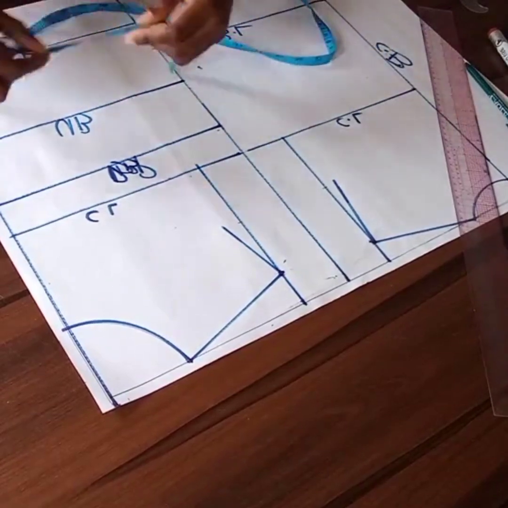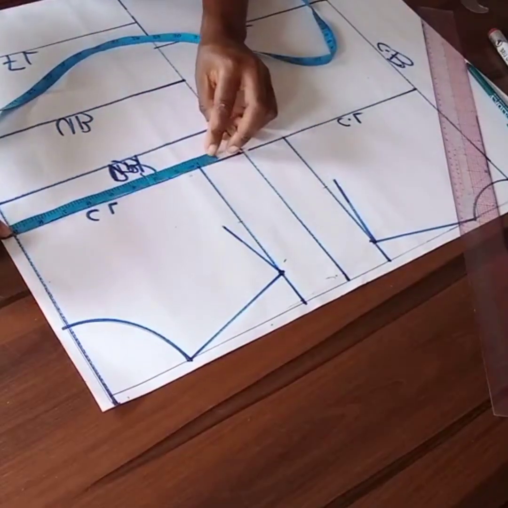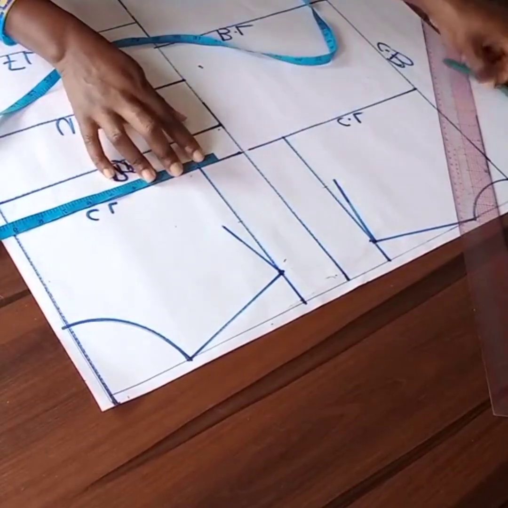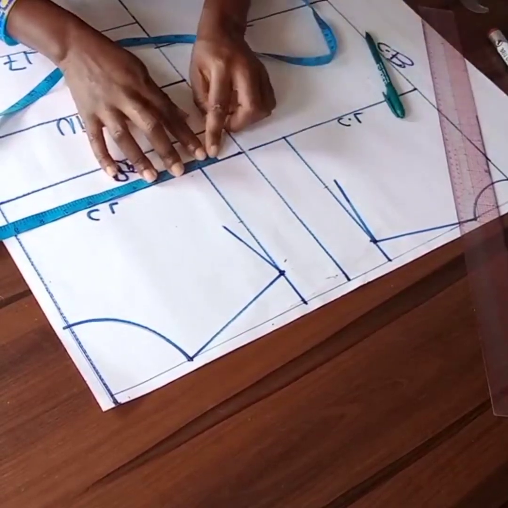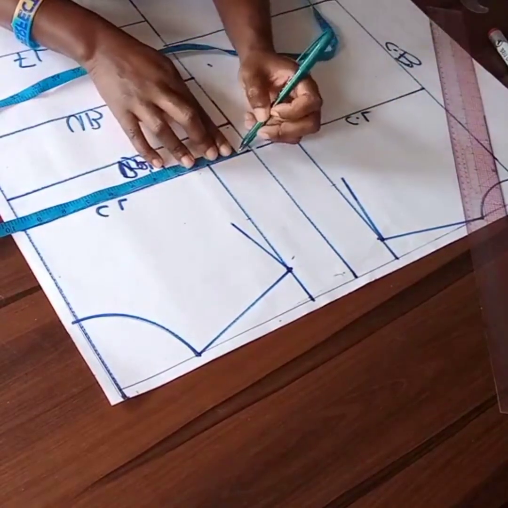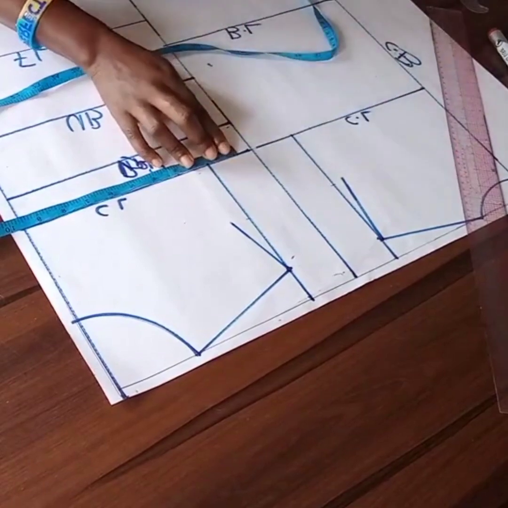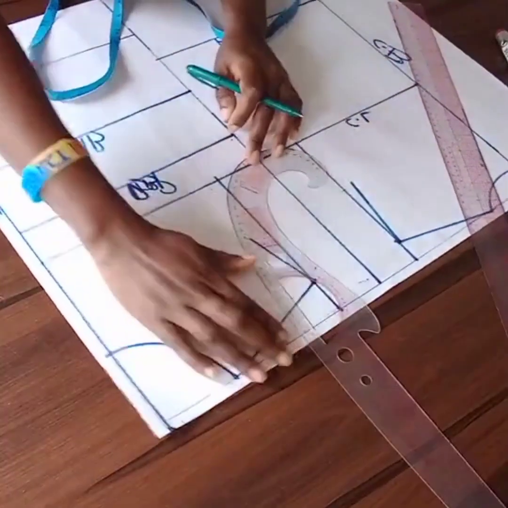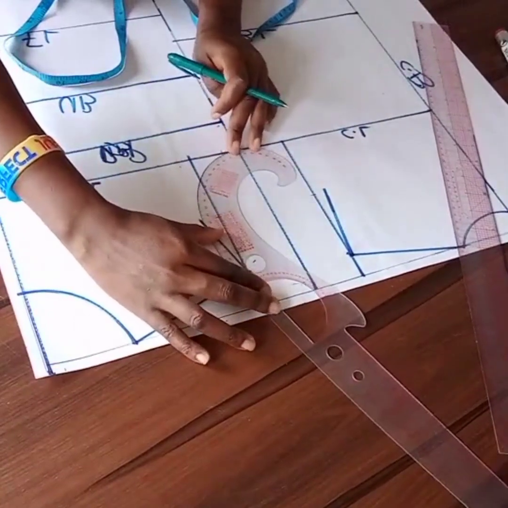So on the chest line, I'll be inputting my 9 inches. Then I'll add 0.5 for ease, so that will be 9.5. Then that will guide me. Then I will use it to curve my armhole.